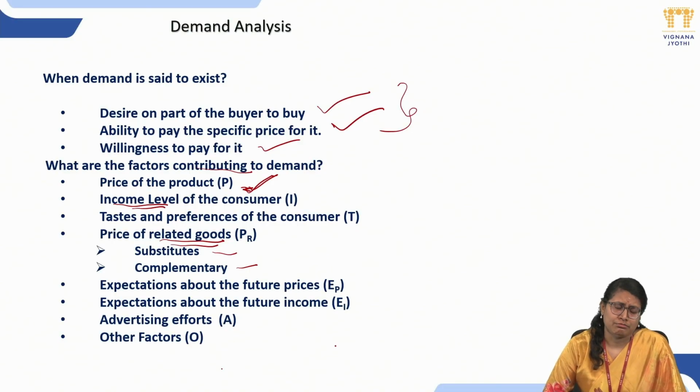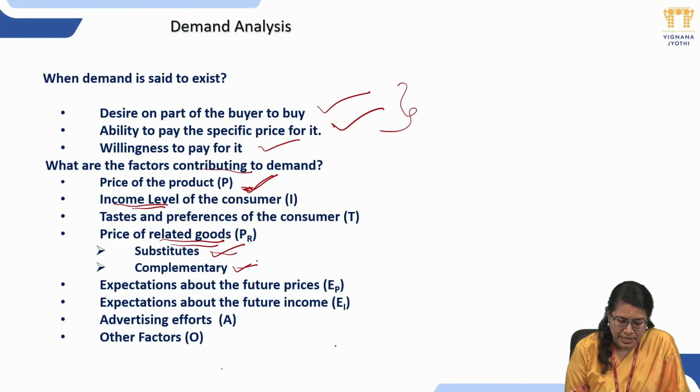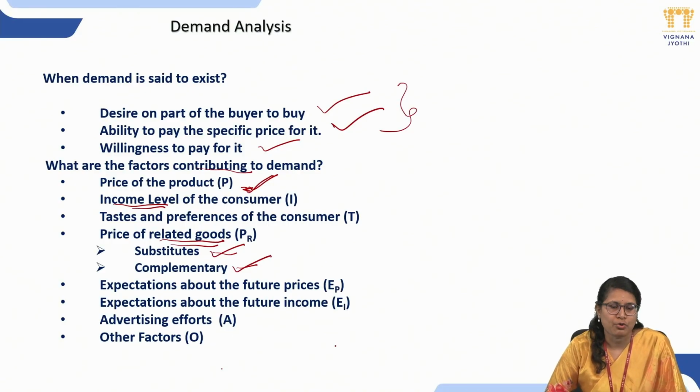If you went to a resort, you may think they provide complimentary breakfast, so the breakfast is free. No, it is being charged on the room. So complimentary is being included. If you are purchasing a mobile and a charger is included in that, that is called complimentary. So the price of the substitutes and the price of the complementary goods are also important.